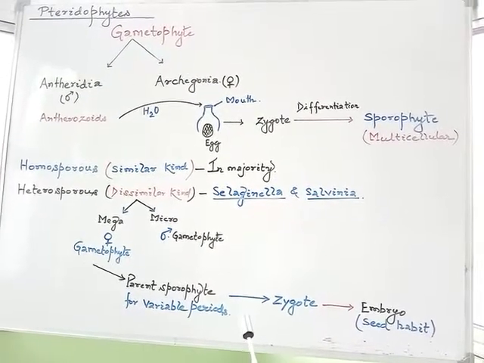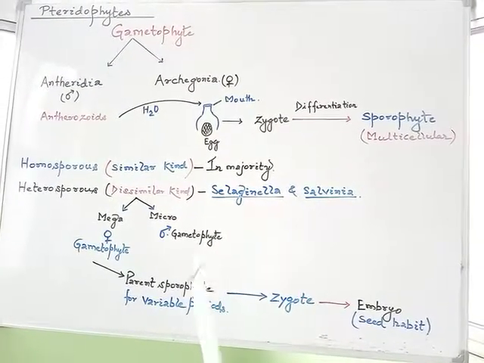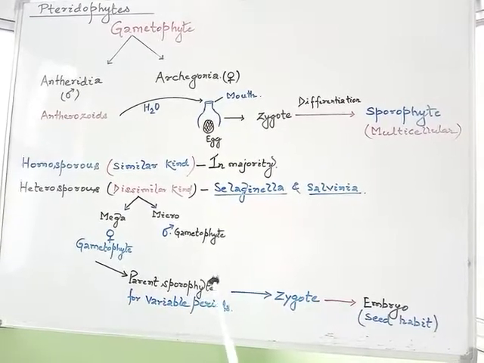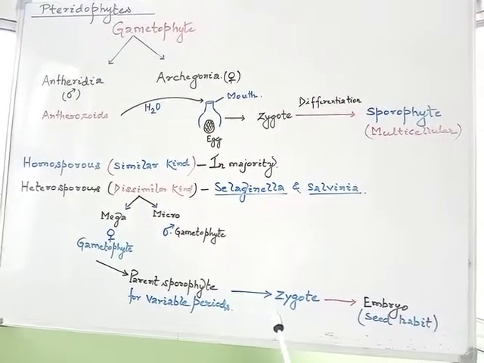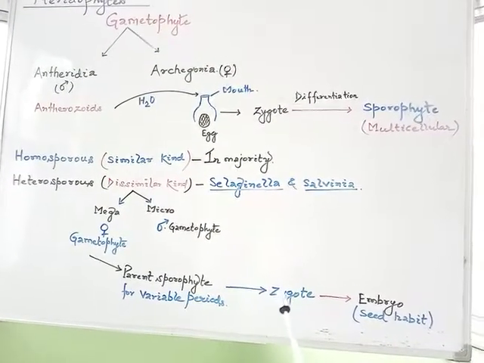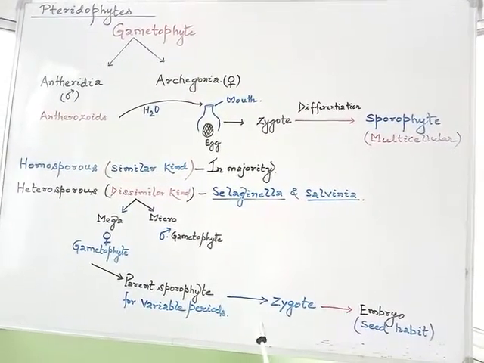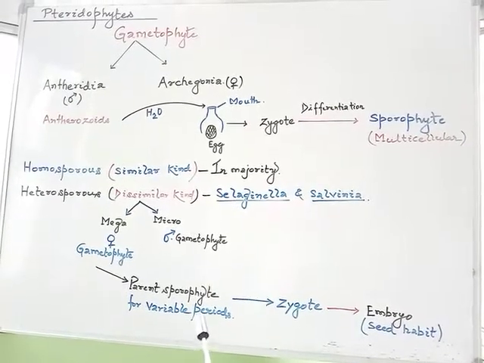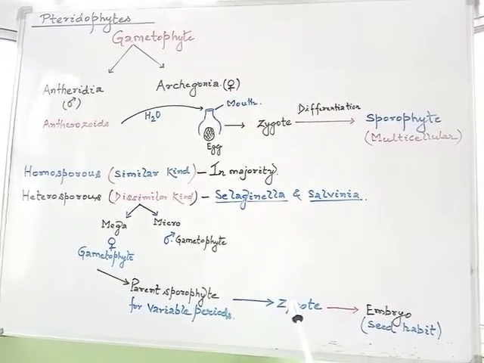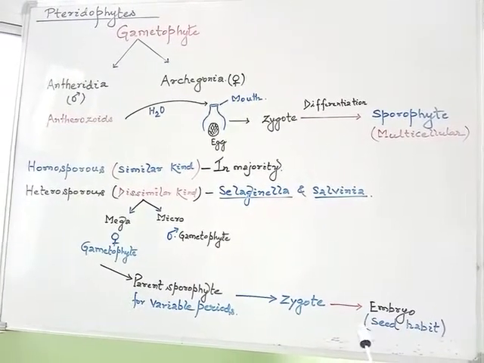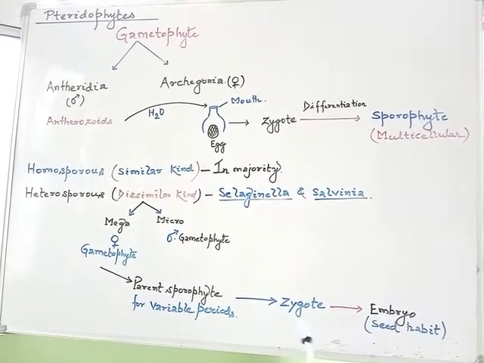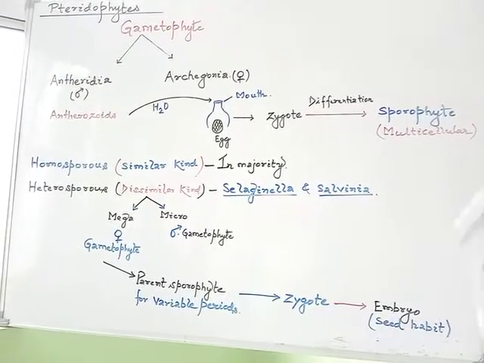We can compare this to sexual reproduction, where the male gamete fuses with the female gamete, and the zygote develops and transforms into an embryo within the body of the female. Just like that, here the zygote transforms into the embryo within the female body, and that is the precursor for the seed habit.